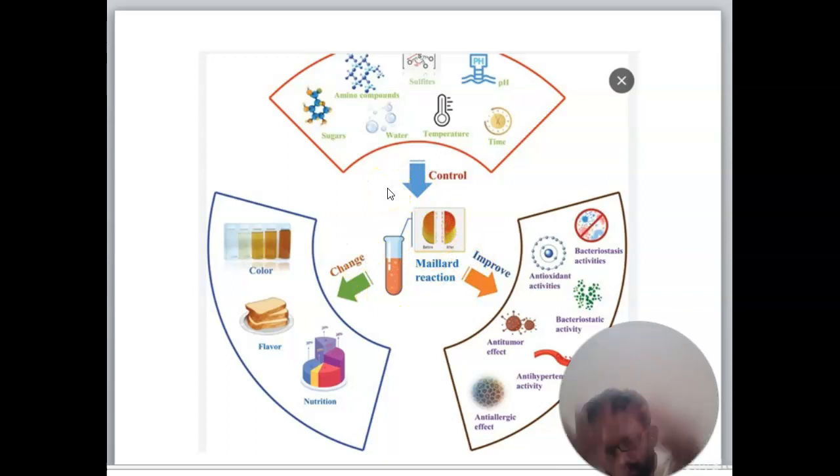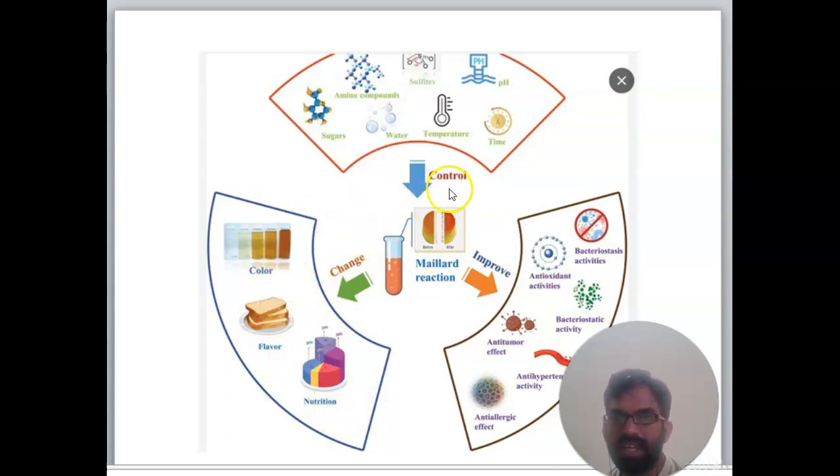You will understand completely what the Maillard reaction is. The Maillard reaction mainly can improve antioxidant activity, bacteriostatic activity, anti-tumor effect, anti-allergic effect and anti-hypersensitivity activity. We can find these out through Maillard reactions, which change the color, flavor and nutrition.